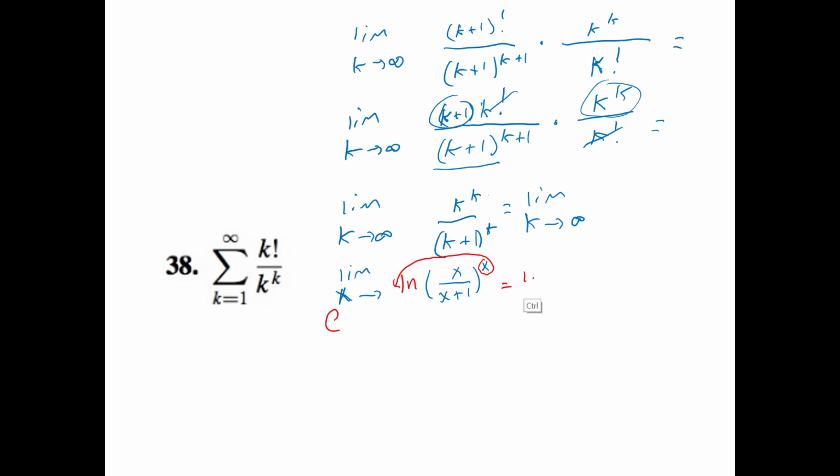So this will be equal to the limit as x goes off to infinity, and we're going to exponentiate that, and then we will get the natural log of x over x plus 1, all divided by 1 over x. And now we'll L'Hopital it.